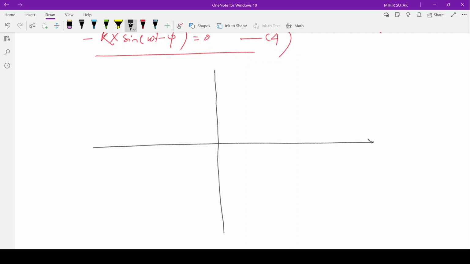Let this be your reference axis, and this one is a perpendicular axis, and we'll draw like this.